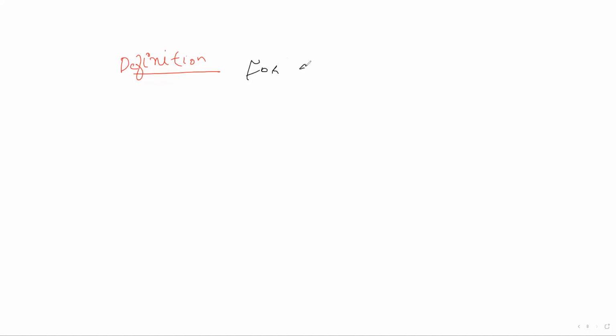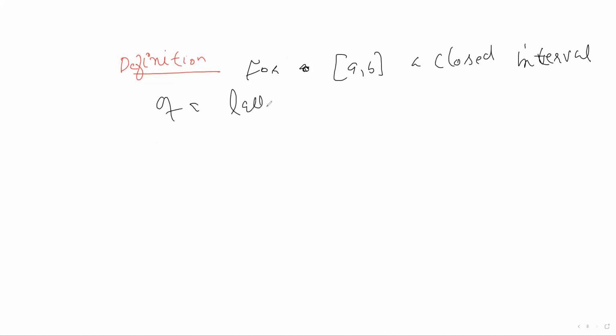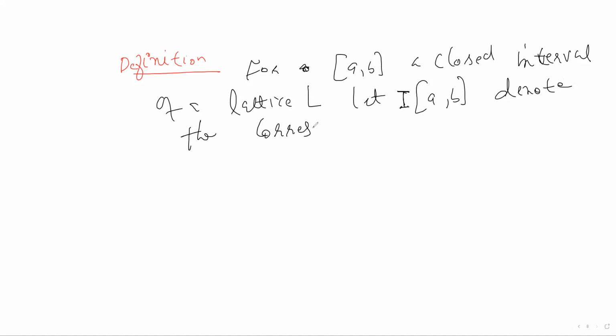So for a closed interval a comma b of a lattice L, let I of a comma b denote the corresponding sublattice of L.